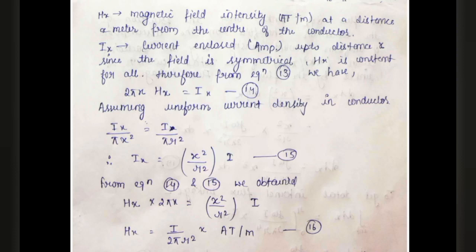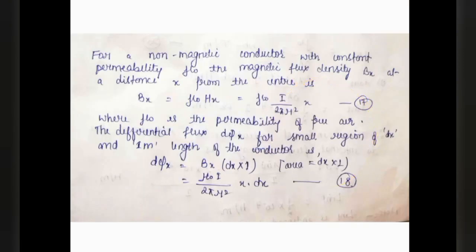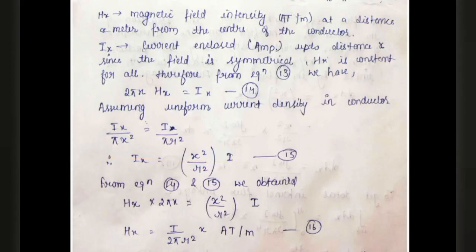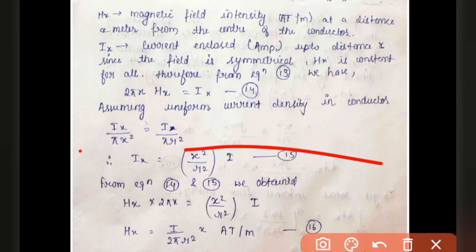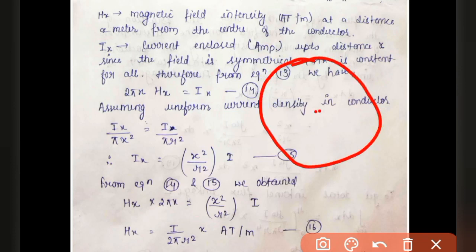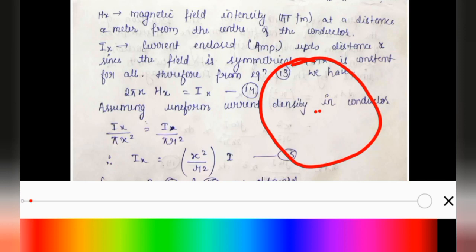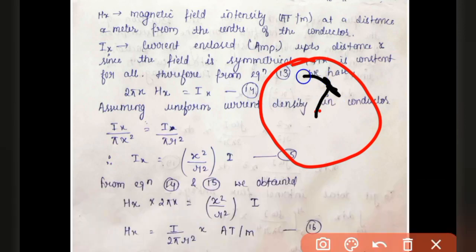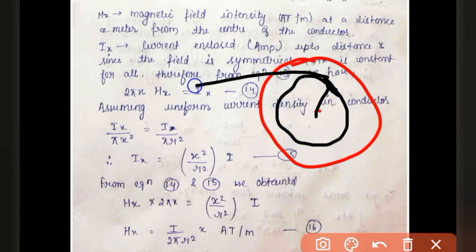What we are considering here is that at that particular distance of x, there is the same magnetic field intensity in this circle.